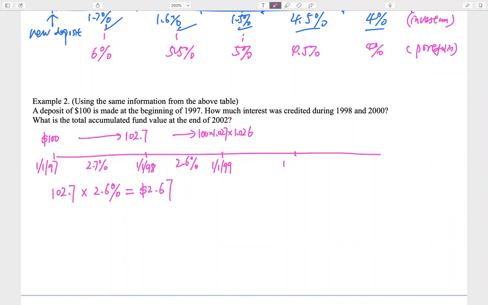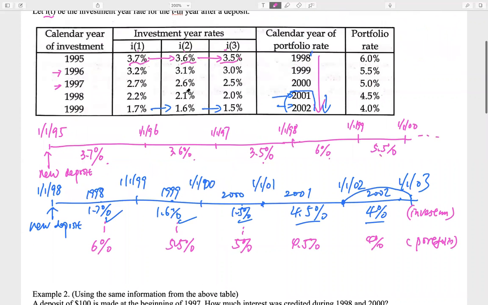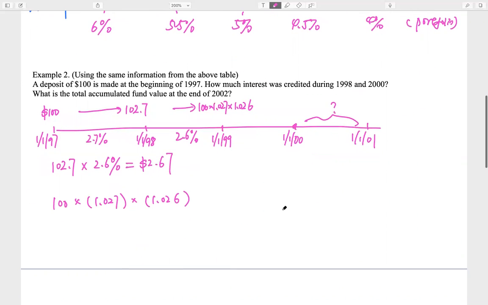So this is, right. So I want to know the interest I will earn in the year of 2000. This means I want to know this rate, right? So I need to get 100 times the first year, and then the second year, and also I need to multiply by the third year. The interest rate is 2.5. So here's 2.5.